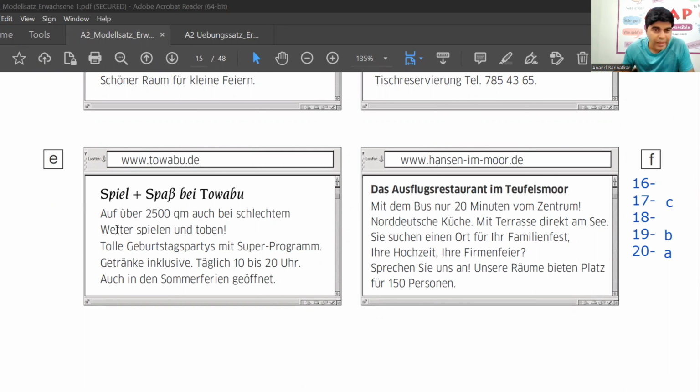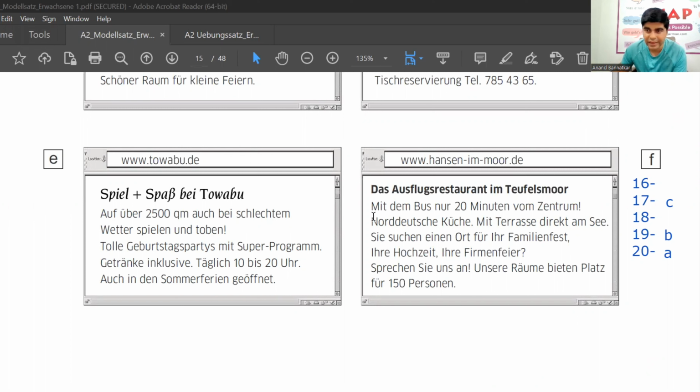Auf über 2500 Quadratmeter auch bei schlechtem Wetter spielen und toben. So, we are not looking for this kind of place. Tolle Geburtstagsparties mit super Programm. Birthday party, no. We wanted to just eat cake outside, so that we already found. Getränke inklusive. None of these purposes, no one needs this advertisement. So A is the answer to none of the questions.